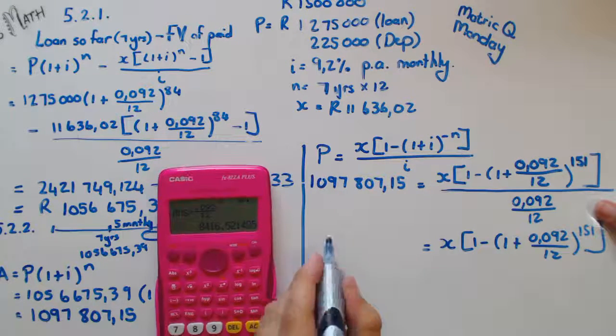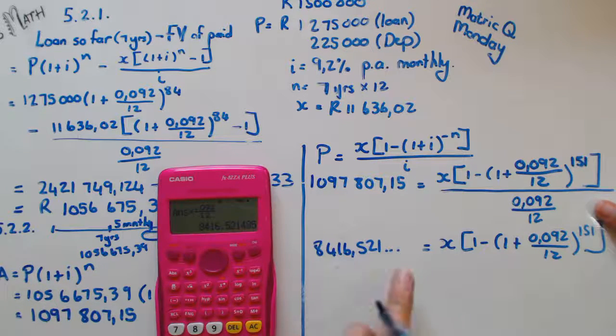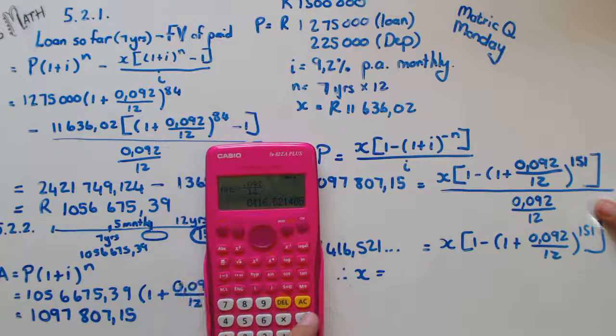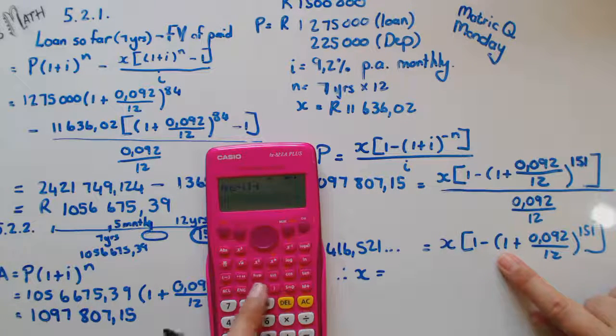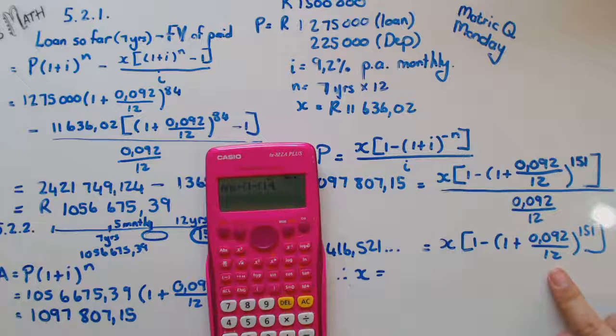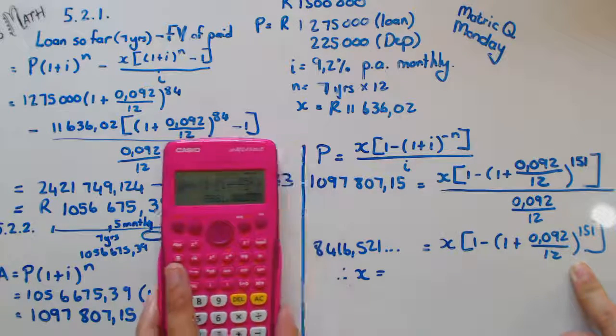And that gives me 8416.521. I'm going to leave it on my calculator. And then to get the x, I must divide yet again with this whole bracket. So I'm just going to divide, and then I press bracket 1 minus bracket 1 plus 0.092 over 12 bracket to the power of 151, close the second bracket, and I'm done.